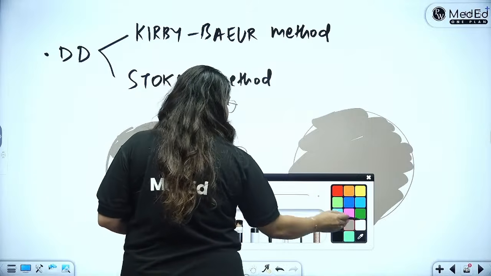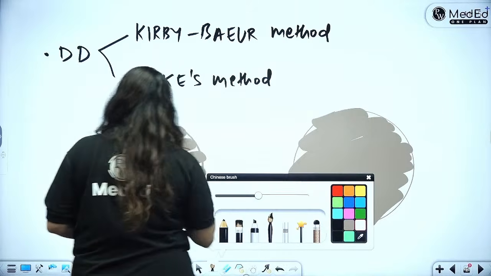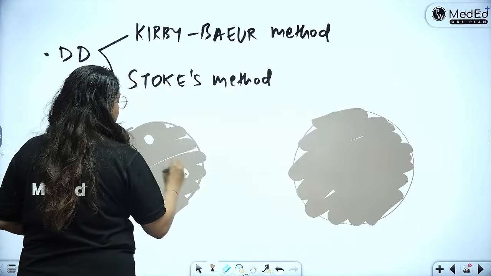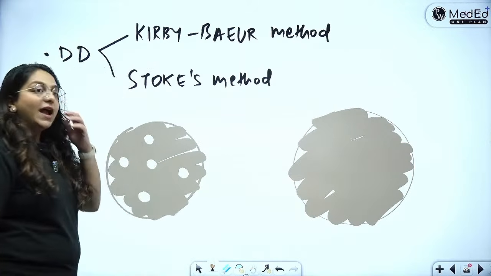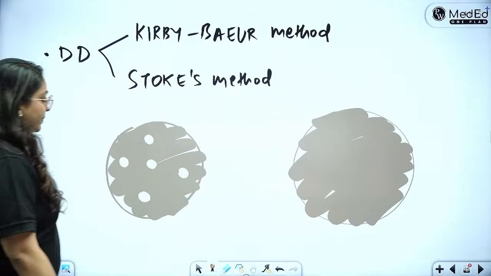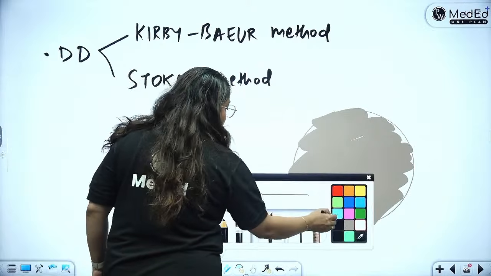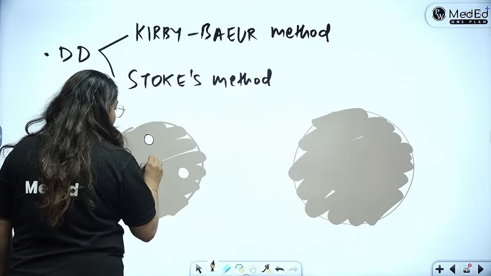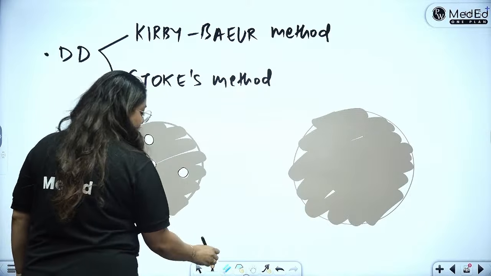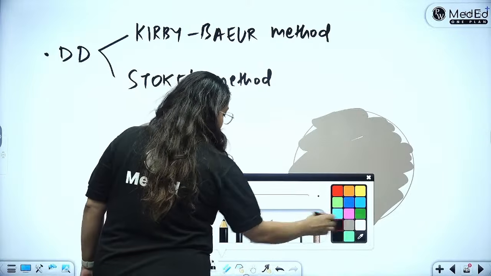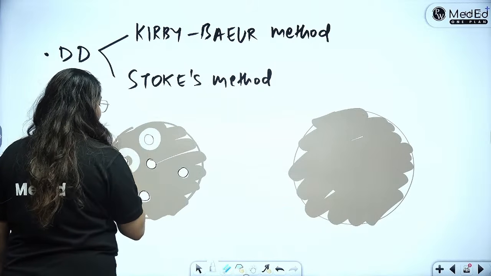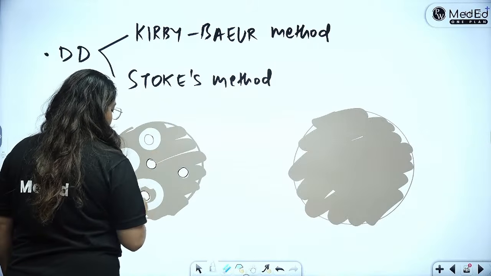What happens in the Kirby-Bauer method is that on a single plate you apply around 5 to 6 discs. Yes, 5 to 6 discs are applied around the plate, and in this you measure the zone diameter. So around these antibiotic discs you will get the zone of inhibition. The zone of inhibition that you get, you will measure the diameter of this zone.